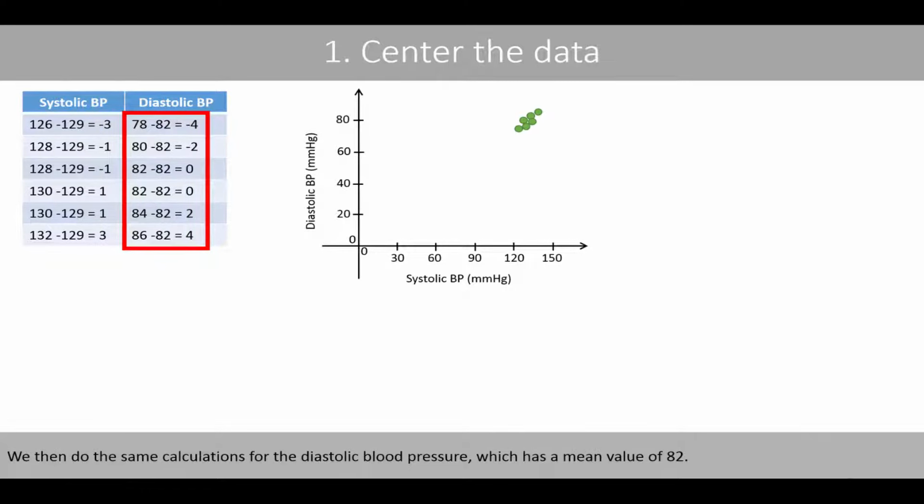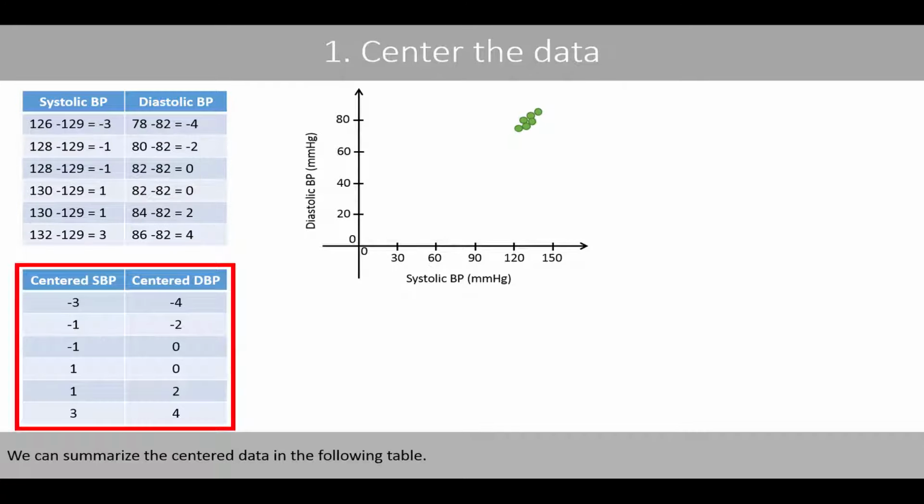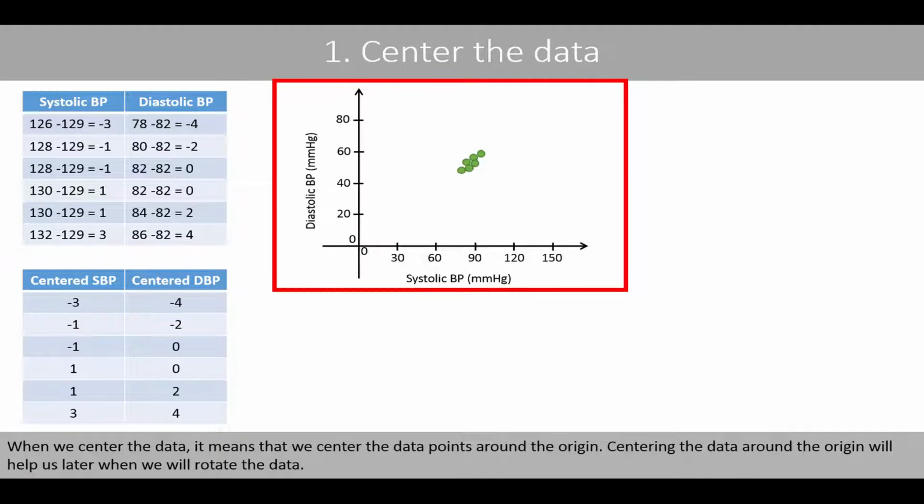We then do the same calculations for the diastolic blood pressure, which has a mean value of 82. We can summarize the centered data in the following table. When we center the data, it means that we center the data points around the origin. Centering the data around the origin will help us later when we rotate the data.